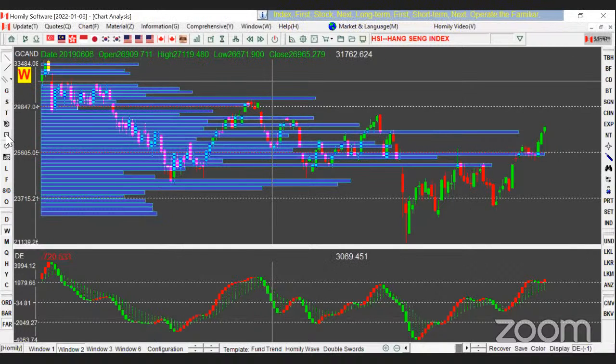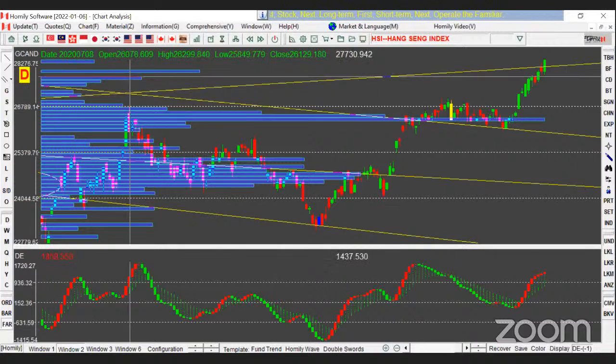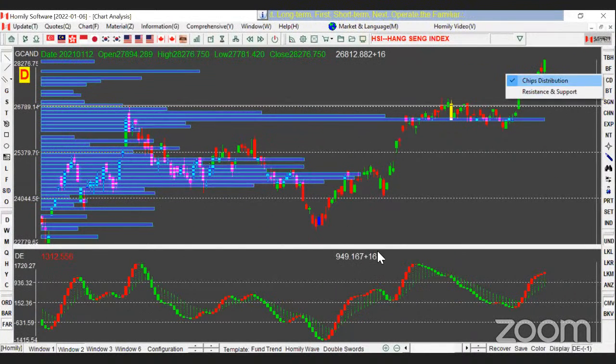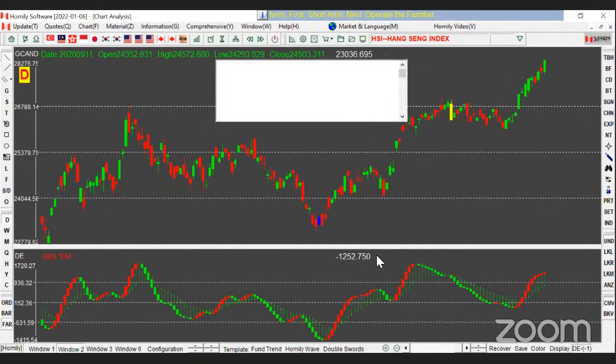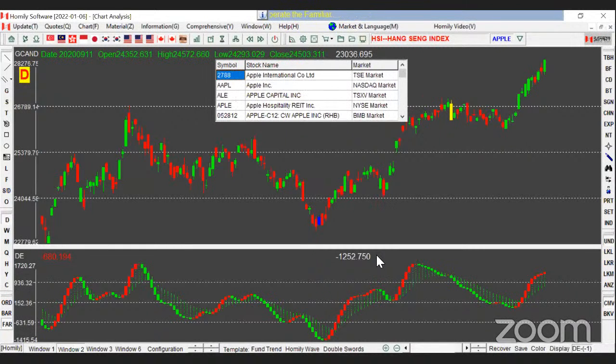So let me switch to the software. I switch back to the daily chart, remove the chip distribution, and change to any stock. Apple, for example.